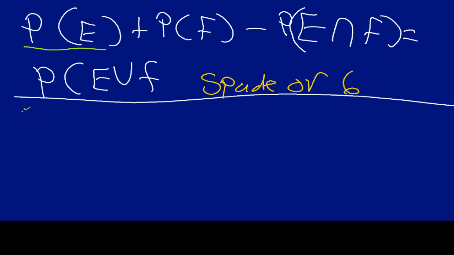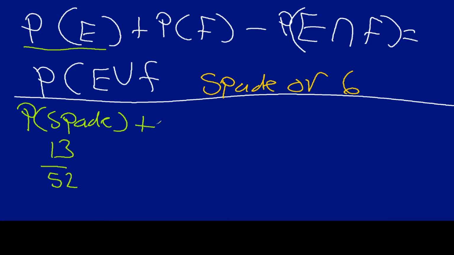So the probability of a spade. We know that there's 13 of them out of 52 cards in a deck. Now, what's the probability of getting the number 6? It is 4 out of 52. There's 4 6s in a deck of 52 cards.